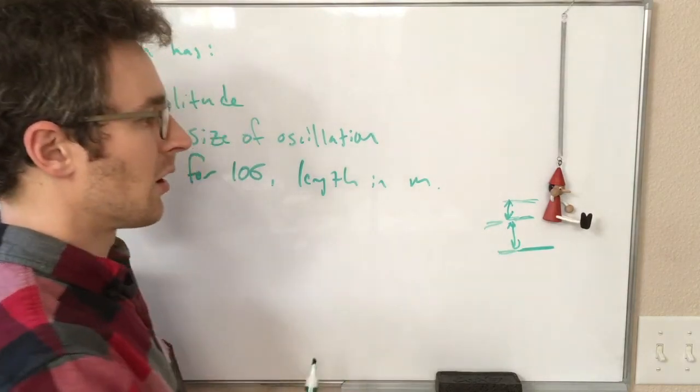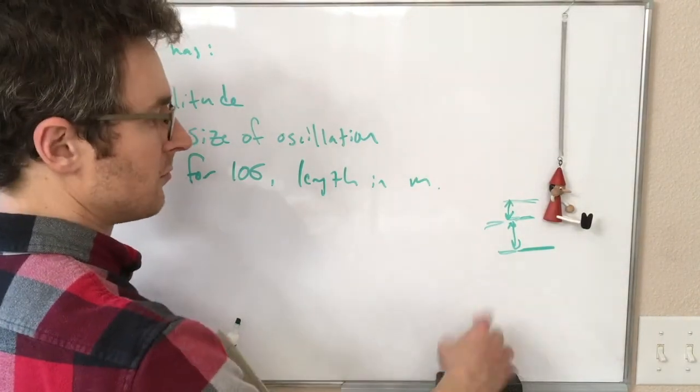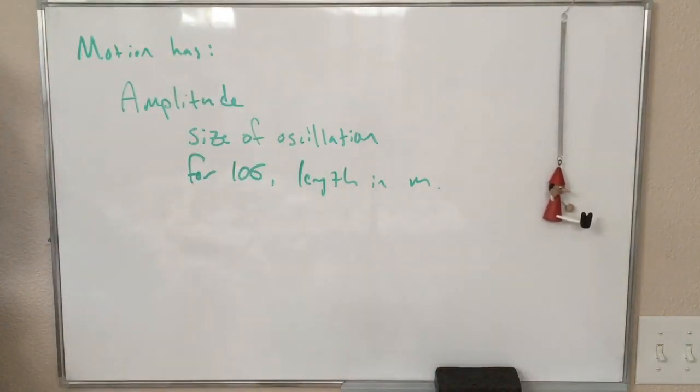So how far we are from the equilibrium position at the extremes. We'll deal with this in more mathematical detail later. For now, we can just know that the amplitude is the size of the oscillation. That's good enough.